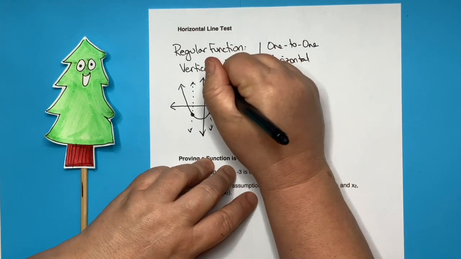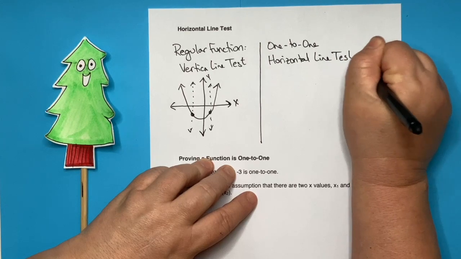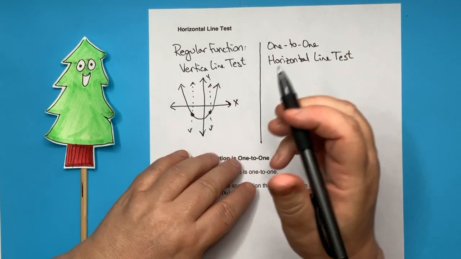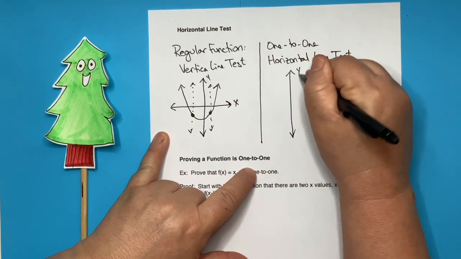Let me write in my x and y. So let's take a look. What happens if I look at this parabola that I've drawn?